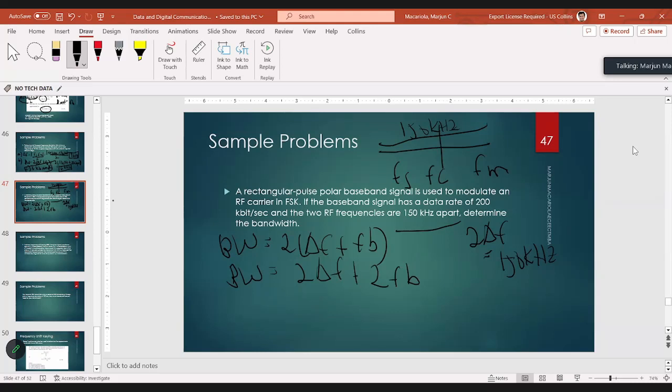Next. Ang sabi baseband signal, so hindi siya sinabing input bit rate. Again, kapag ideal ang gagamitin at hindi sinabing noiseless, gagamit po tayo ng formula na bandwidth is equal to FB over N. Ano nga pong solution dito?